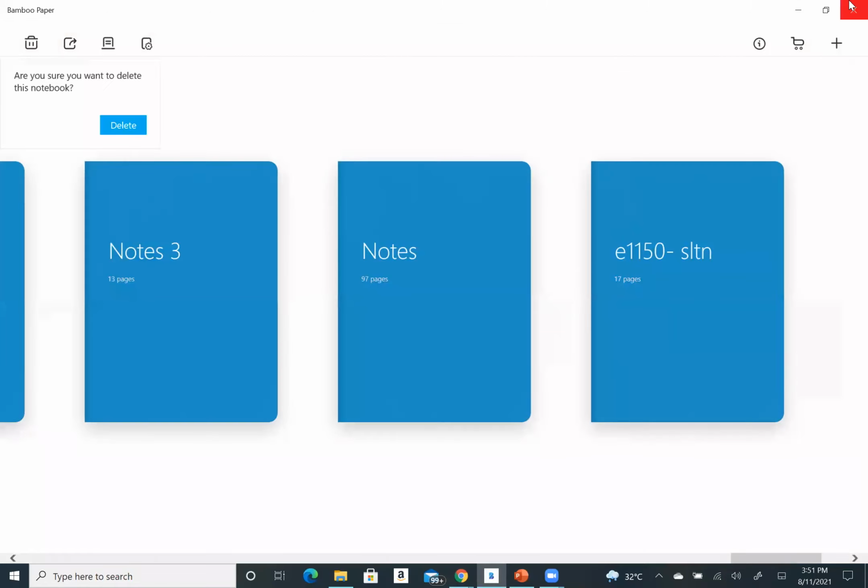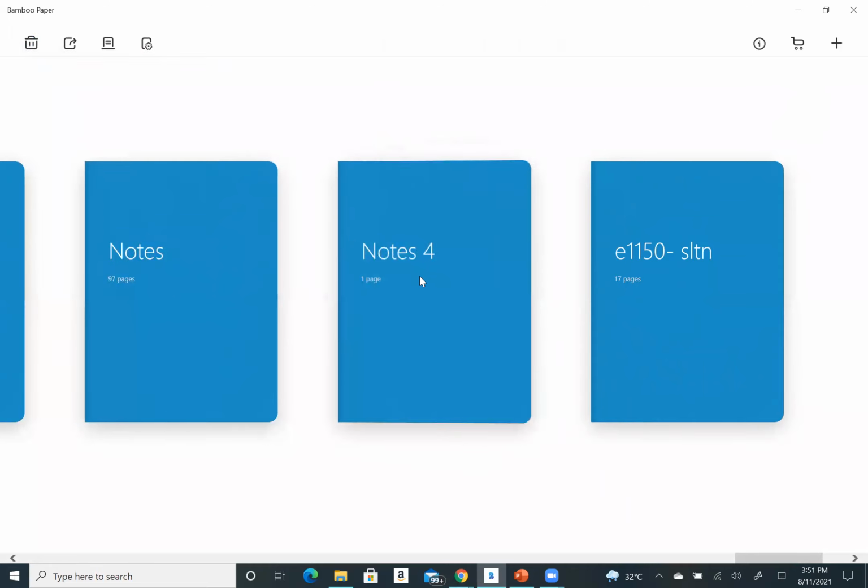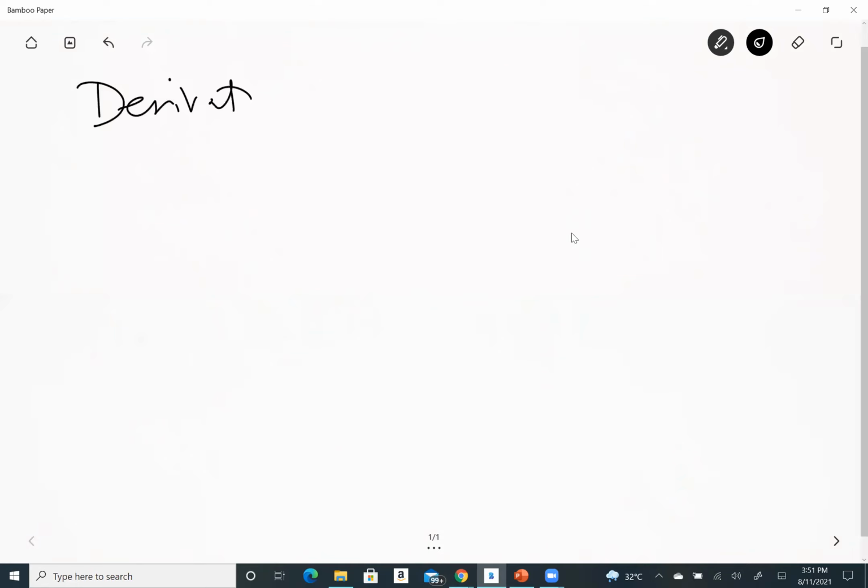So let's go to chapter number 9. We want to do derivative. We are to discuss today the concept of a derivative. Of course, derivative can be complicated, but we just want to have an idea, a basic idea for the purpose of our course.